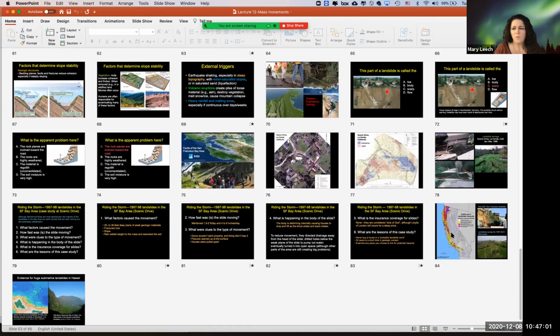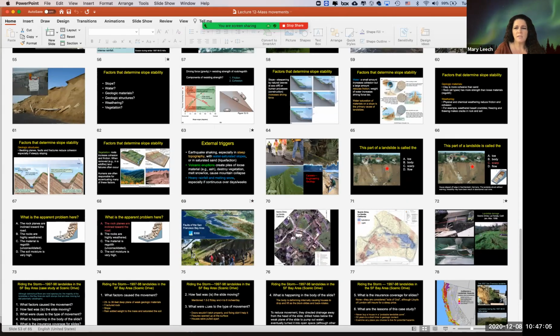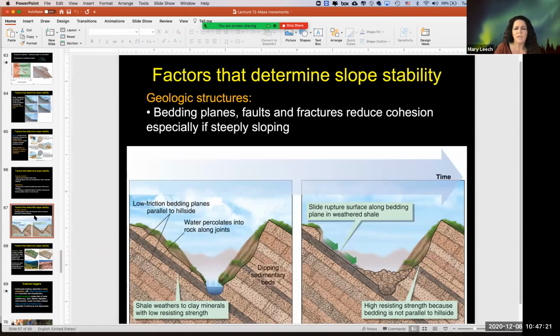Okay, I am not going to continue with the mass movement slides. The new version is online. You can go ahead and take a look at the images. It supplements your reading about looking at landslides.